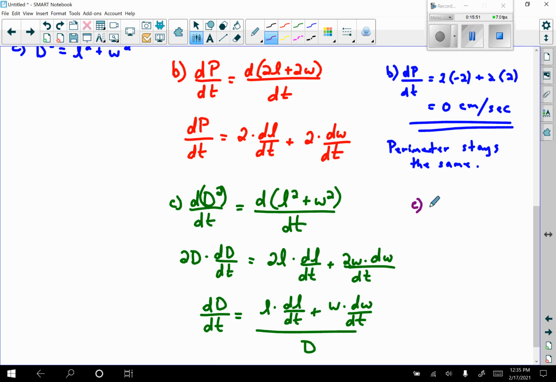All right, and then for part C, we're going to have 12 times negative 2 plus 5 times 2. Now off to the side, we need to know what D is. So if D squared is equal to L squared plus W squared, that would give us 144 plus 25. So D is going to equal 13.